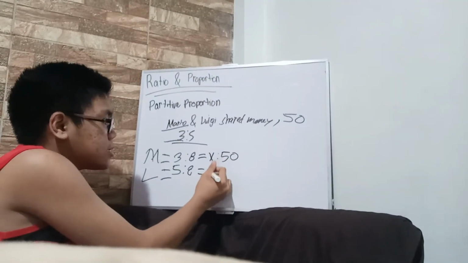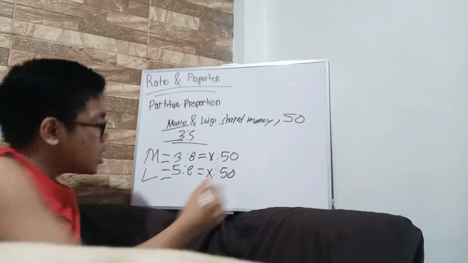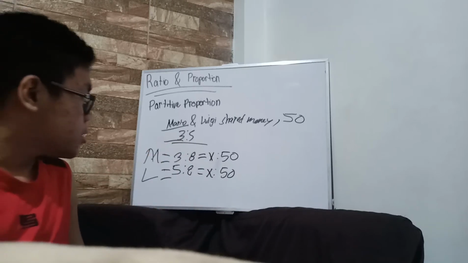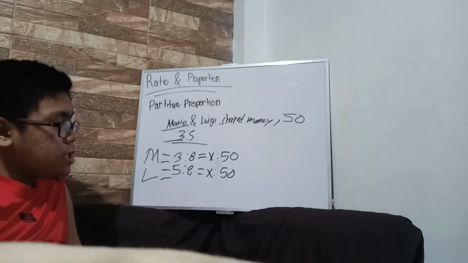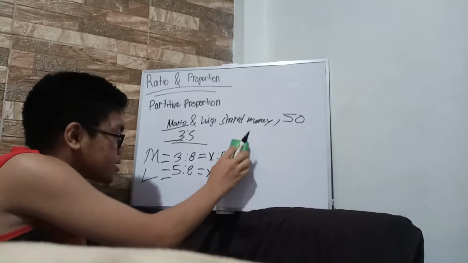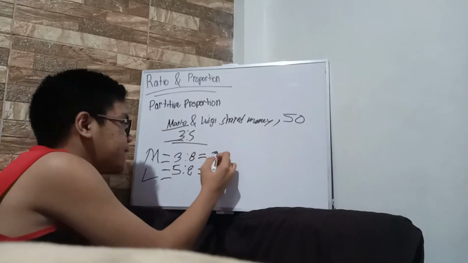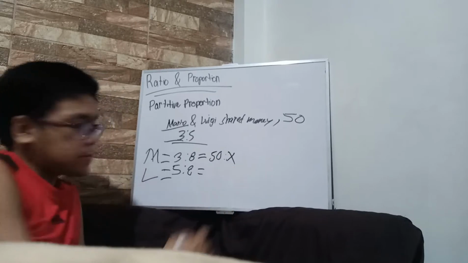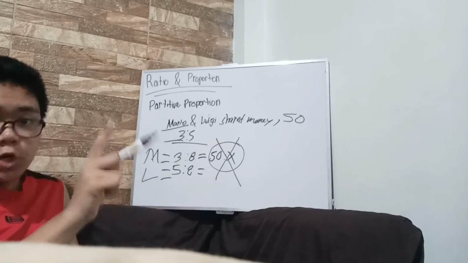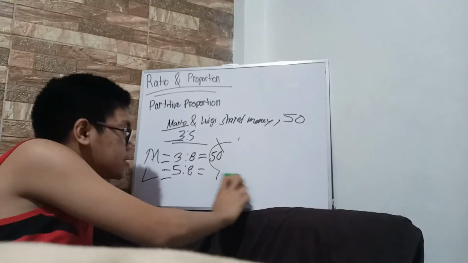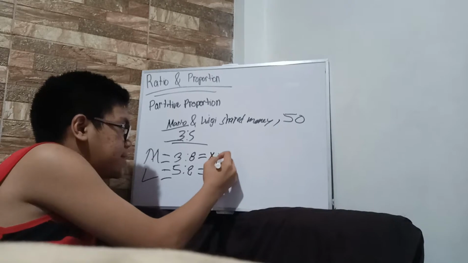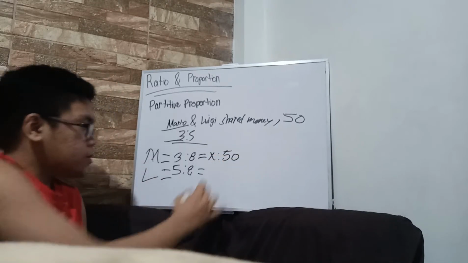It's the same for Luigi. Now it's time to find the formula. 3:8 is equal to x is to 50. It cannot be 50 is to x, because that ratio is wrong. The x is what we look for first, and then the whole number is given. So x is to 50.